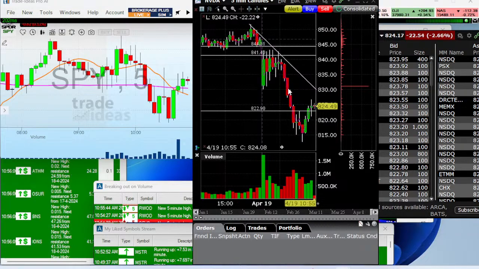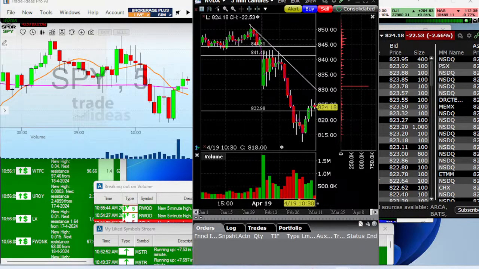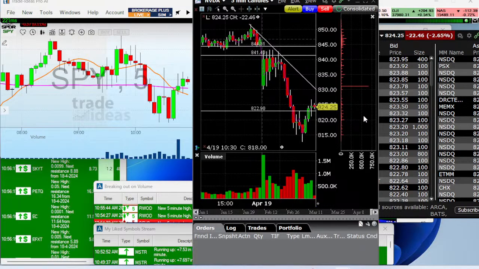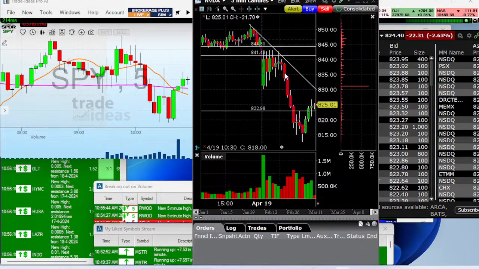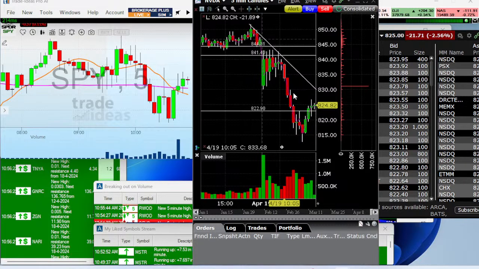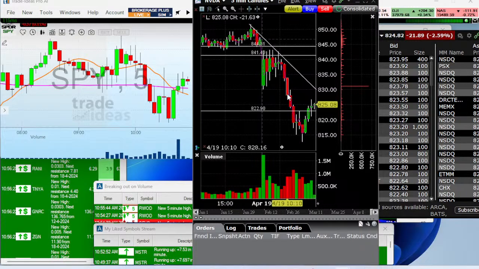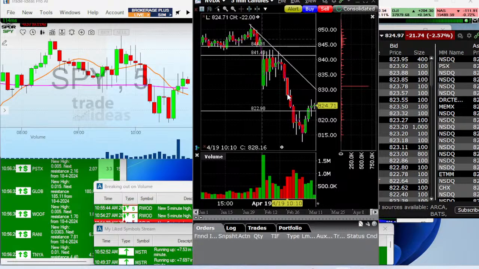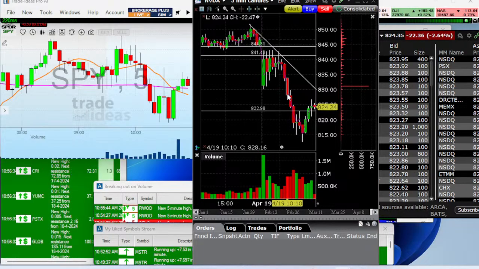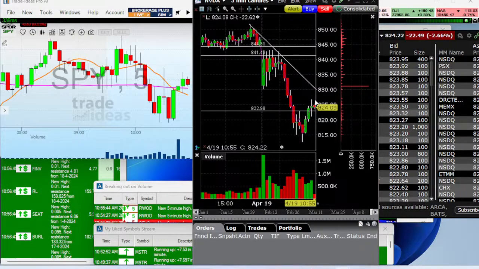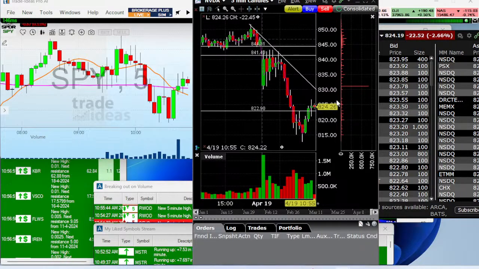It could fade back down a little bit. Yeah, I would buy calls here at 524, looking for maybe a $2 to $3 spike at this level.